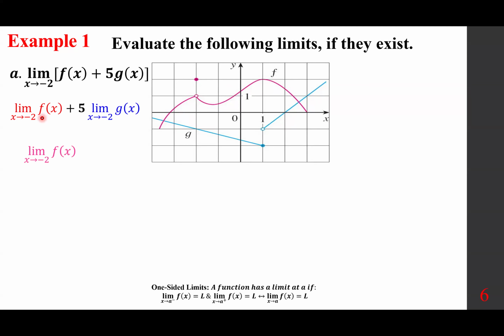So the very first thing is to find limit of f of x as x approaches negative 2. This is negative 2 along the x-axis. If we approach it from the left of that, we are moving this way.